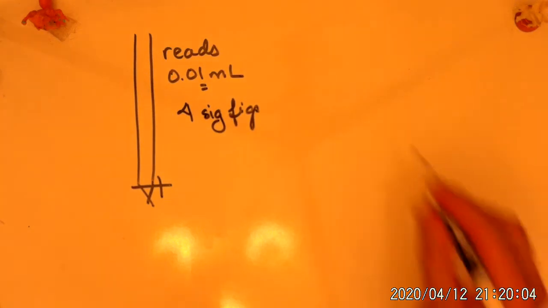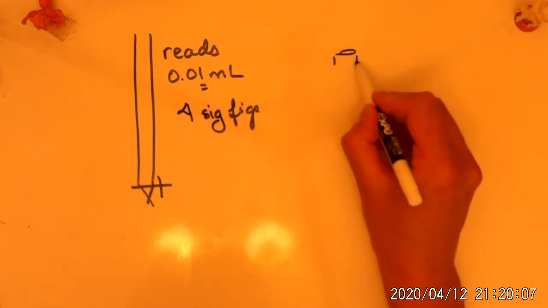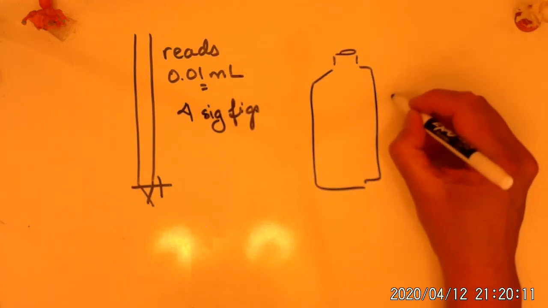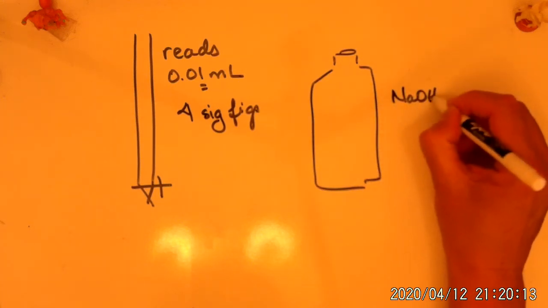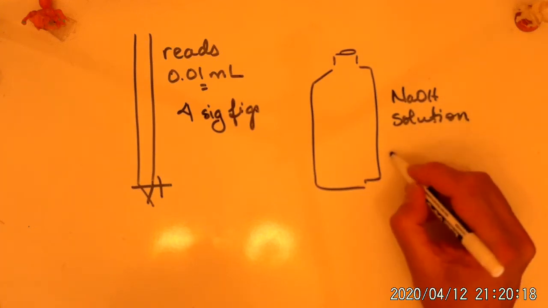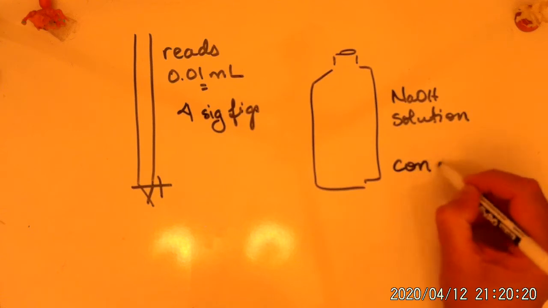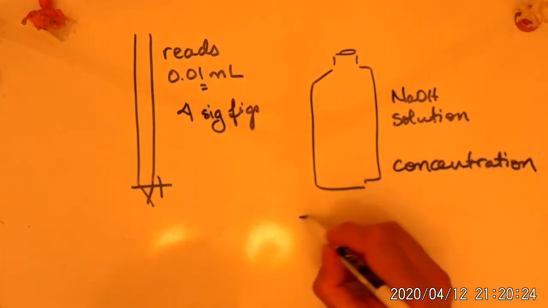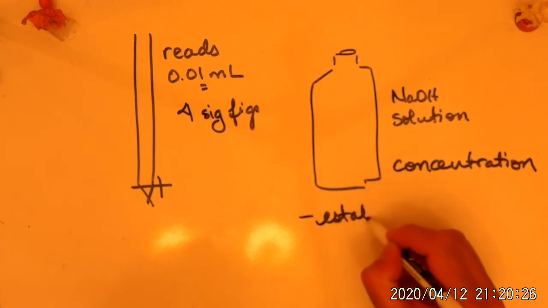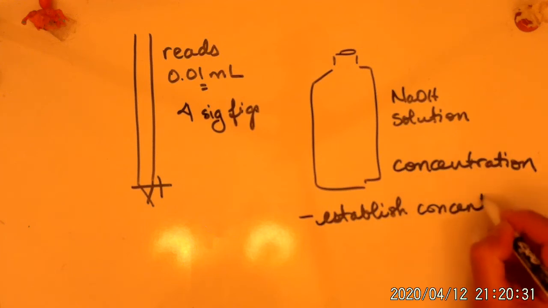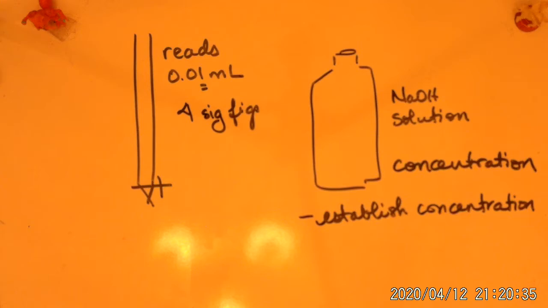Okay, when you make your bottle of sodium hydroxide solution, you don't know the concentration. So what we first need to do is establish what the concentration is. Okay, so how do we do that?